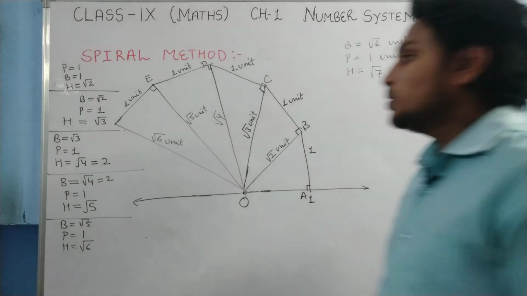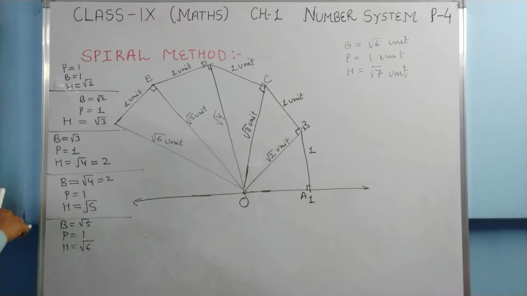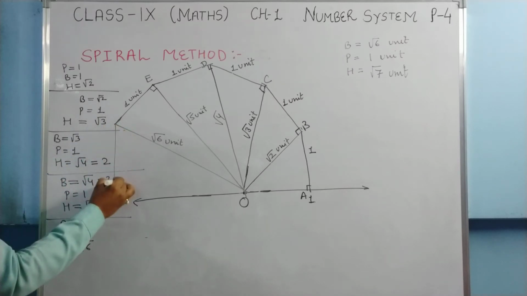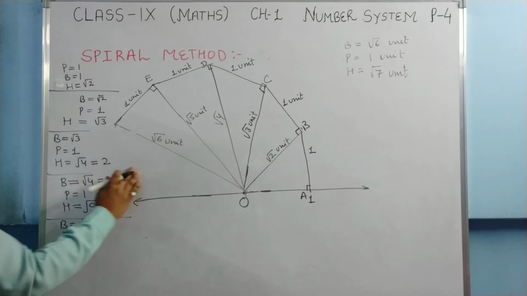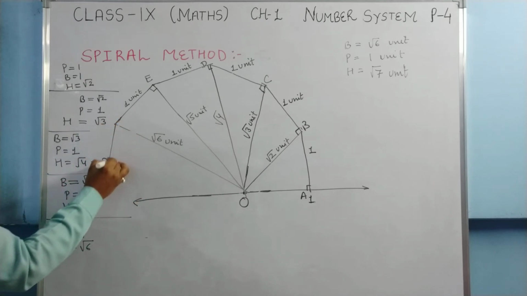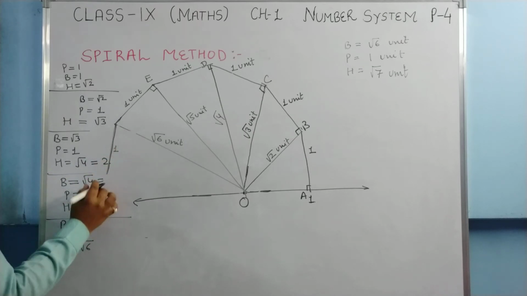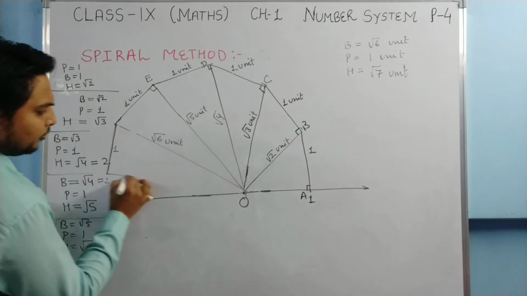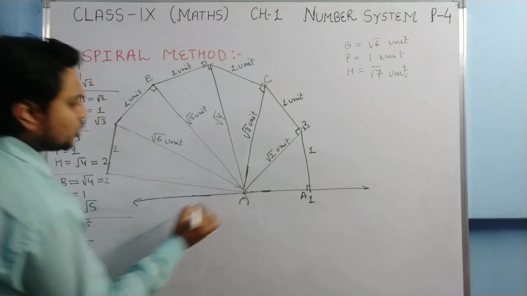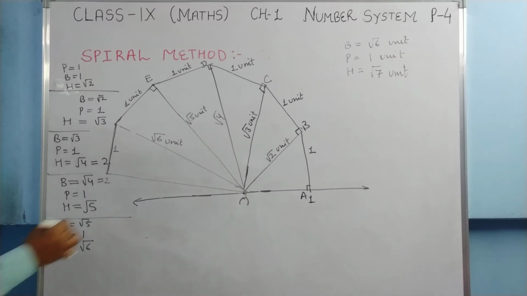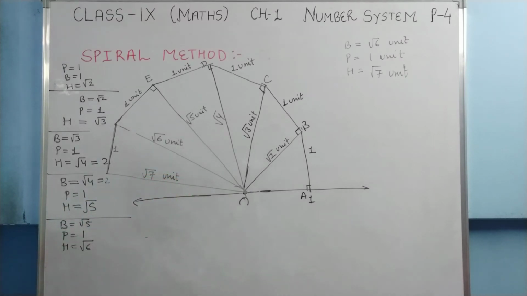See here, the base is under root 6 unit and this is the perpendicular of 1 unit. So if we join this, then this will represent under root 7 unit.